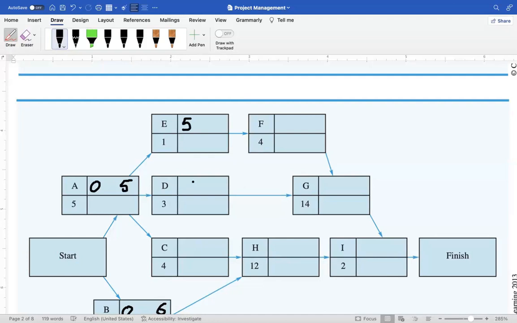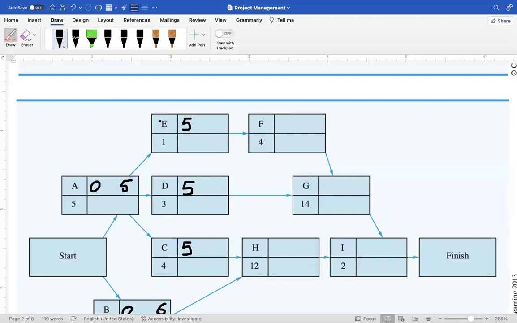Activity D will also start from week 5, and activity C will also start from week 5. So in other words, this 5 has been transferred here, here, and here, because these three activities, E, D, and C, are emanating from activity A. So this 5 is transferred here, here, and here.